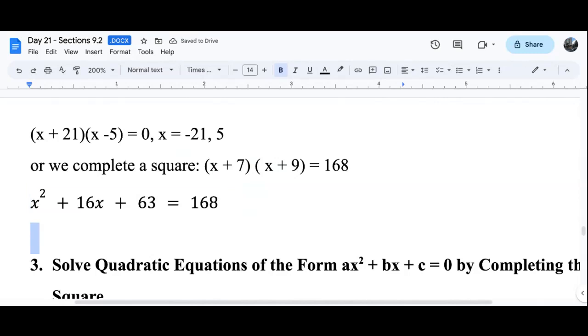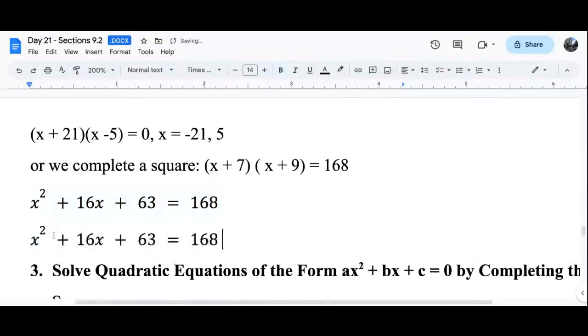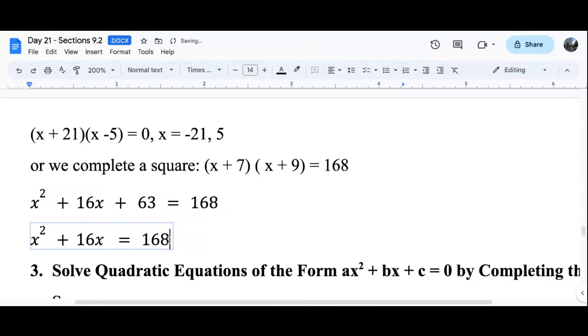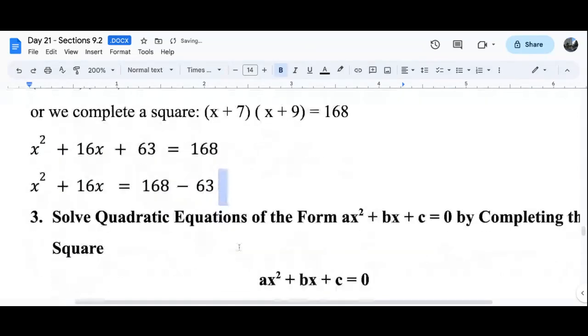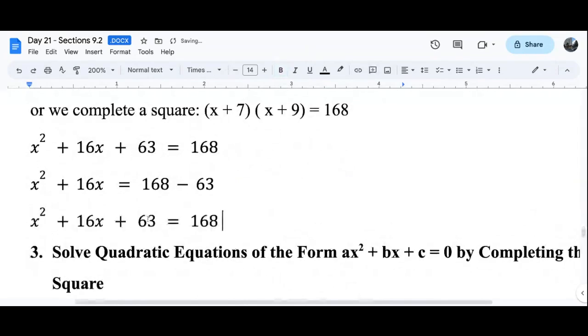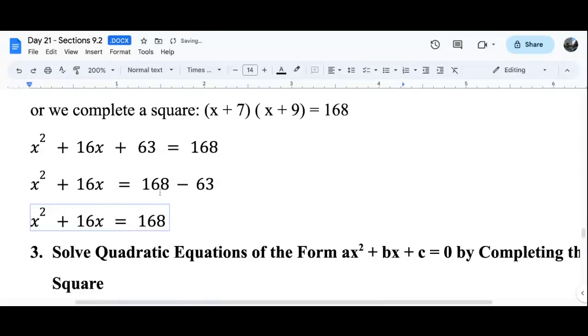Now maybe we move 63 to the other side, so subtract 63 from both sides. 168 minus 63: 8 minus 3 is 5, so that's 105.